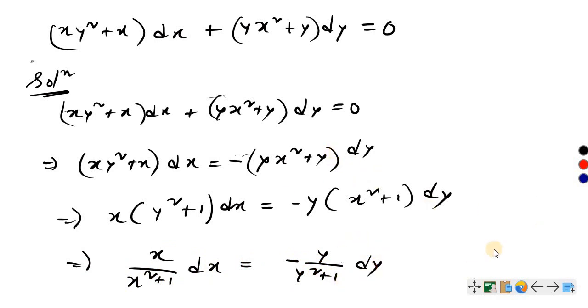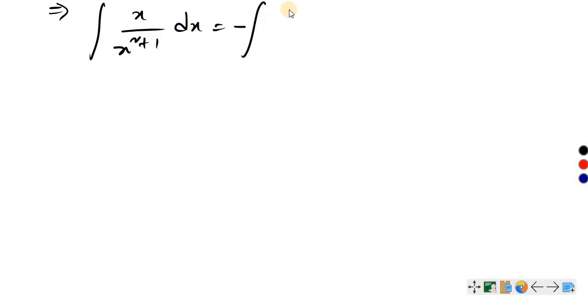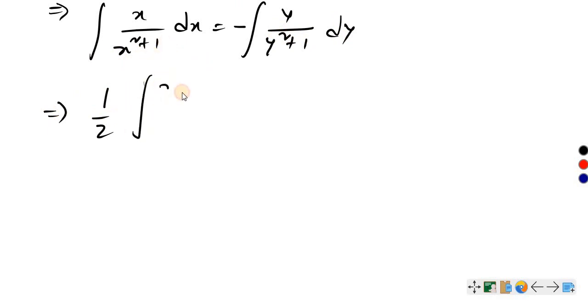Please note down this. So now if we integrate it, we are going to get the integral of x/(x² + 1) dx equals minus the integral of y/(y² + 1) dy. We can apply the formula here, but before that we have to arrange something. So we can write this in this form.